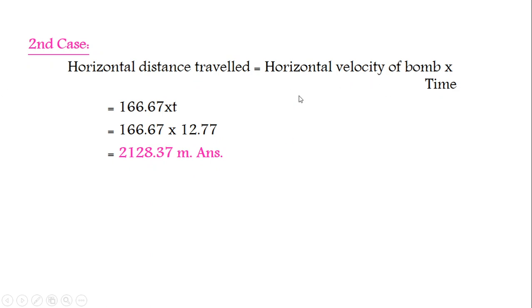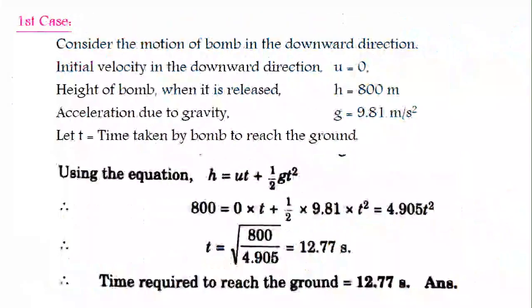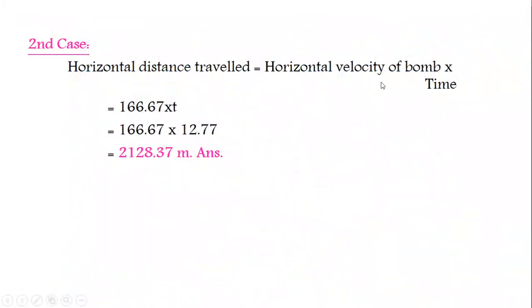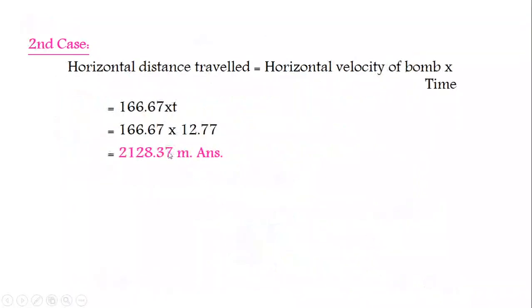The horizontal velocity of the bomb we already found; it is equal to the velocity of the aeroplane, 166.67 meter per second. Apply this value: 166.67 into t, and t we found is 12.77 second.